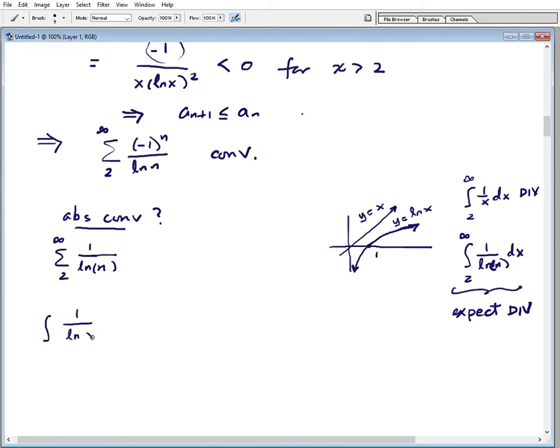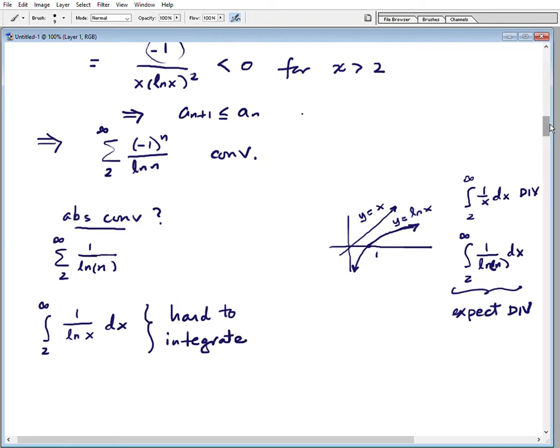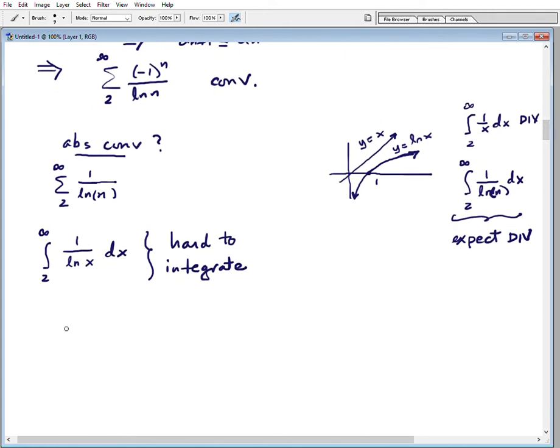This is hard to integrate. We don't have a method for this. But look at this series. We can do a direct comparison with the following. Let me just write compare.